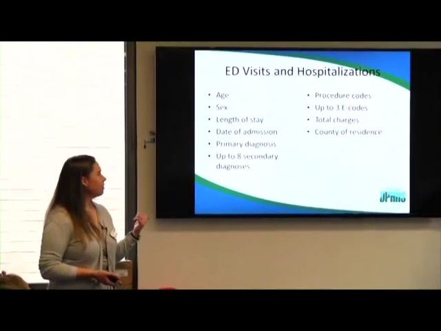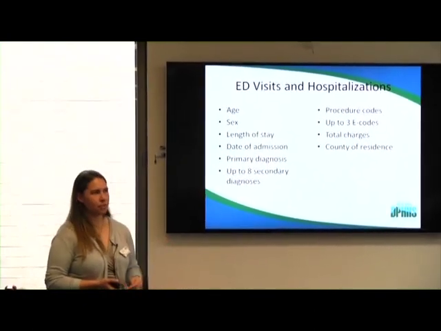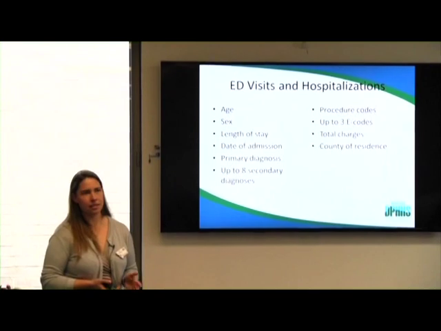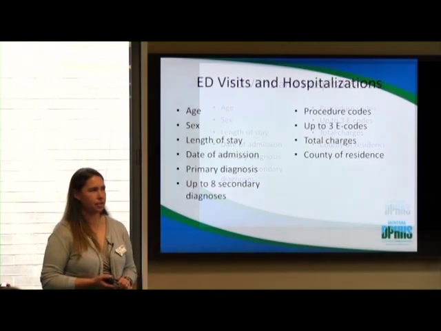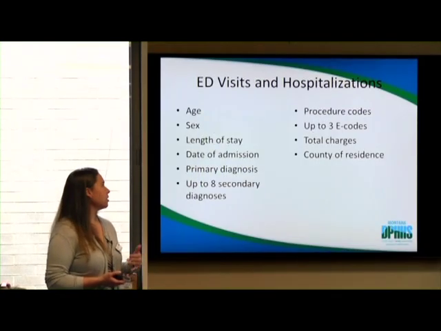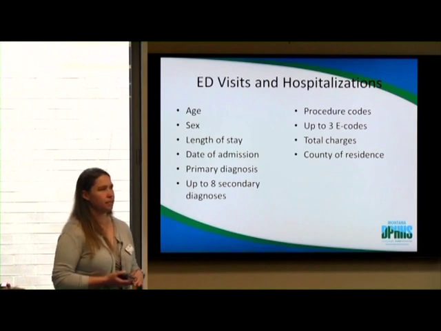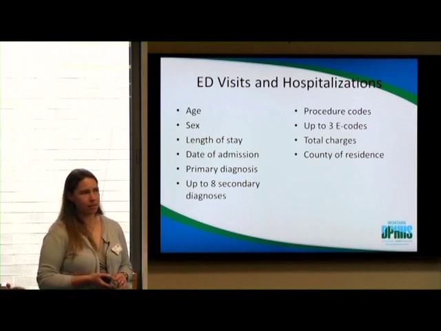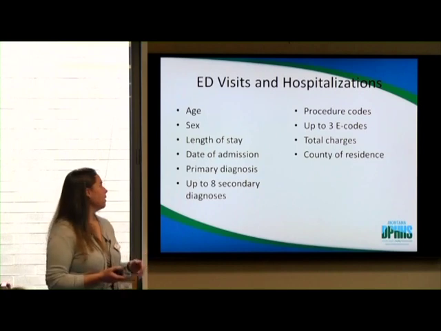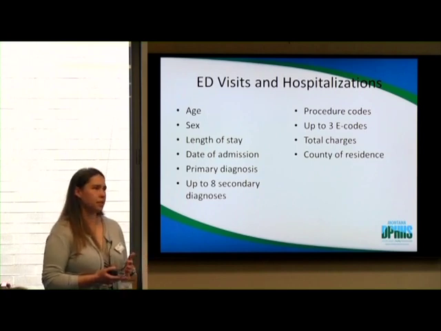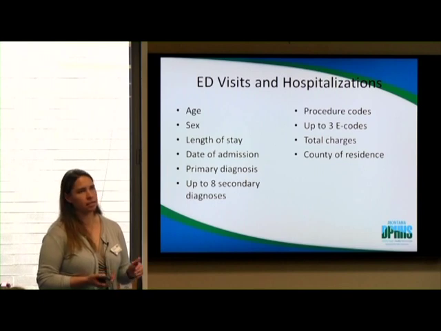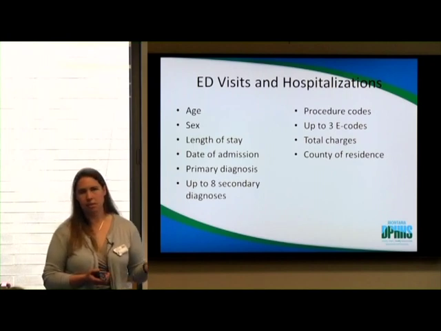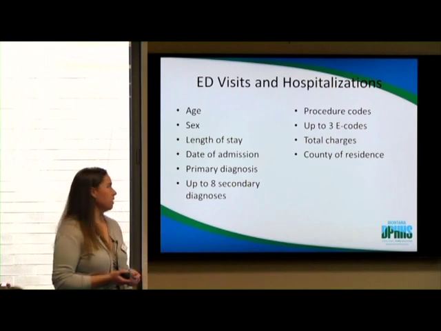There are several pieces of really great information that you can get out of the ED and hospitalization discharge data files. Age and sex, how long they were seen at the hospital, or typically for emergency department it's not going to be days, but their primary diagnosis, so the primary reason they were there, that's not chief complaint, it would be what they're discharged with, and then up to 8 secondary diagnoses that they received during that visit.